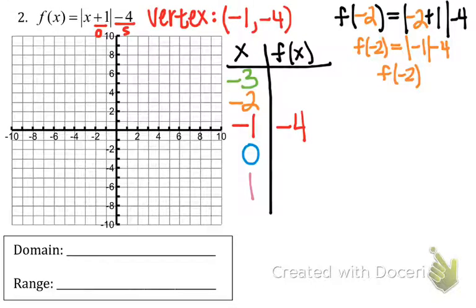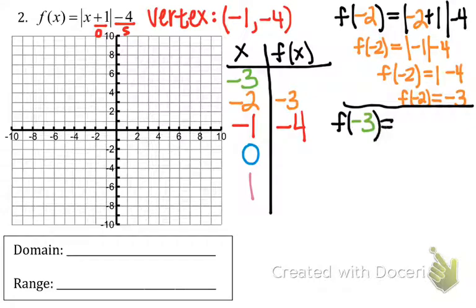In our next step, we evaluate the absolute value of negative 1 to get positive 1. And finally, 1 minus 4 gives us a value of negative 3. So in this function, now we have what is our f of x for x is negative 2. We have negative 3.